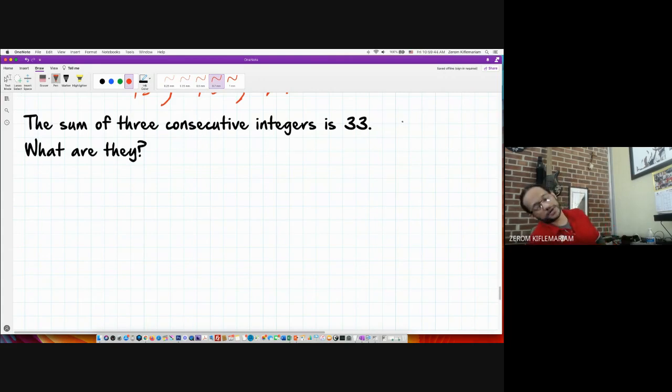The sum of three consecutive integers is 33. What are they? Again, I'm not interested in guessing. I'm interested in properly how do we write this. What do we know? What is given? From understanding the question, what can we do?